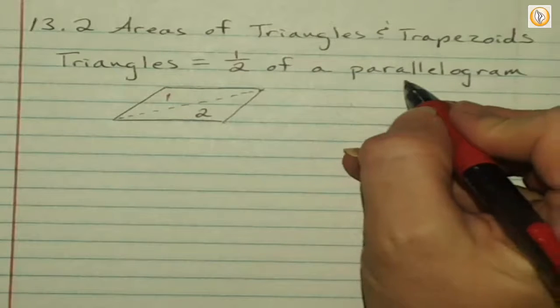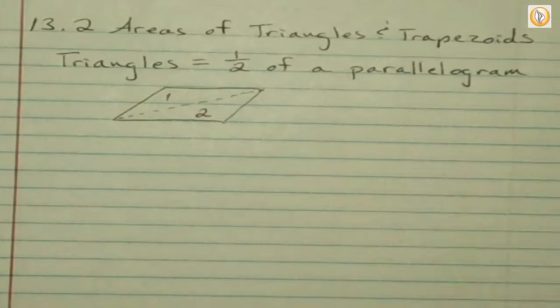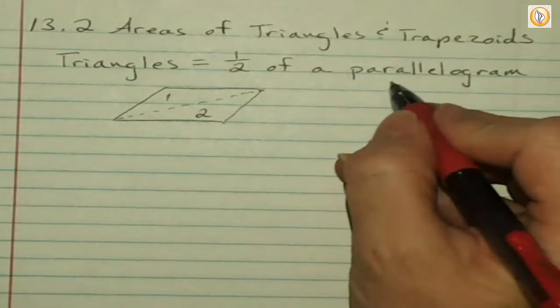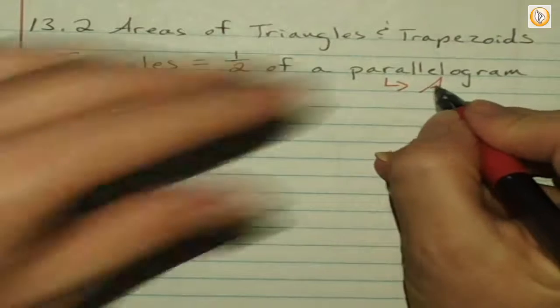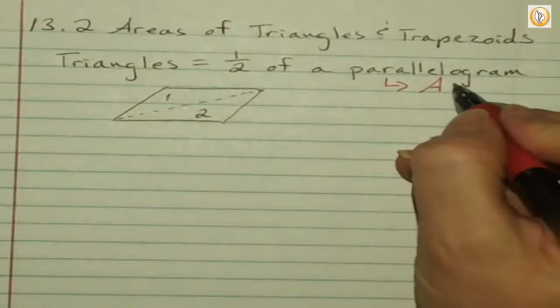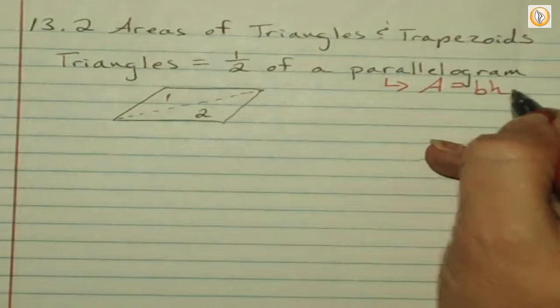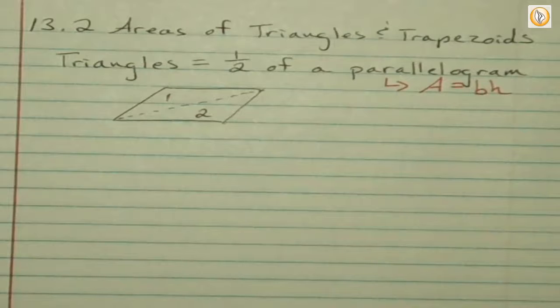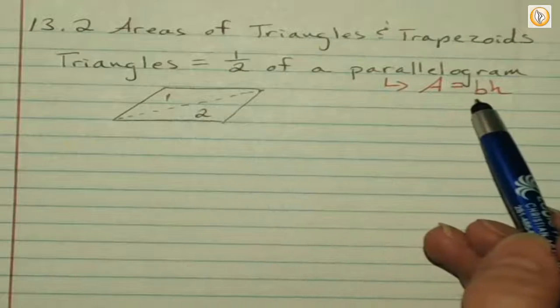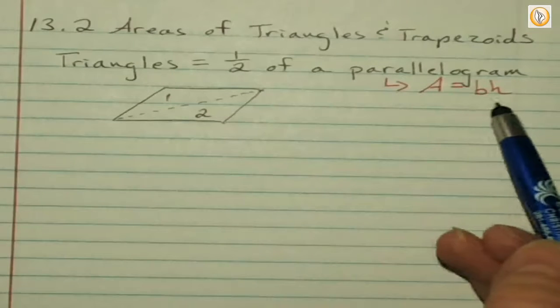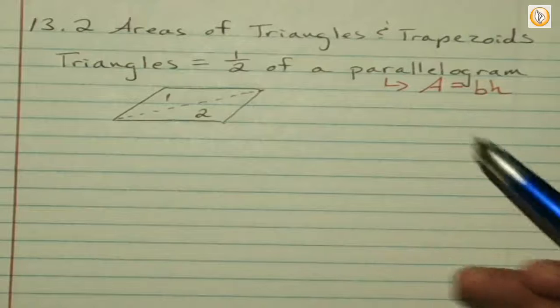So the parallelogram formula is area equals base times height. We learned that yesterday. So to find the area of the whole parallelogram is just base times height, right?